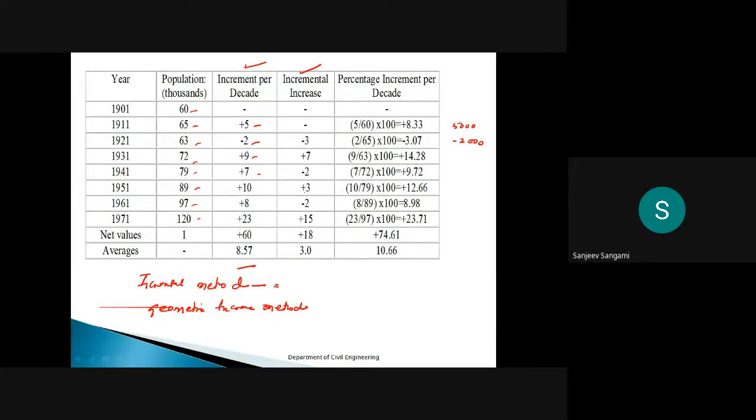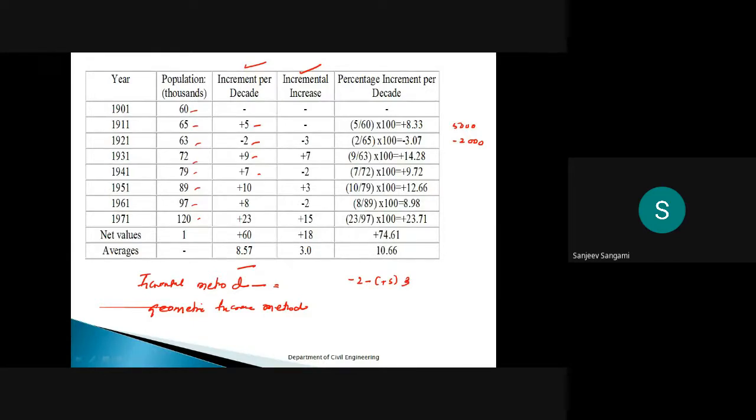See, for the first case, that is minus 2, minus of plus 5. So then it will become minus 3.